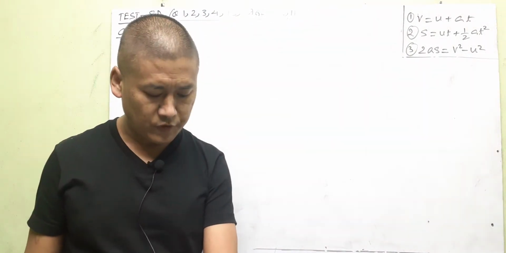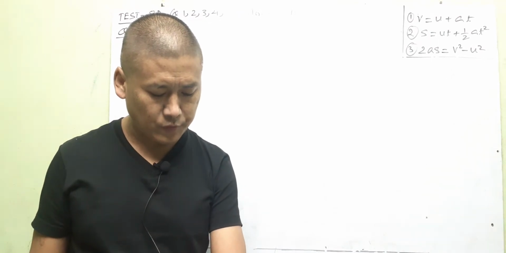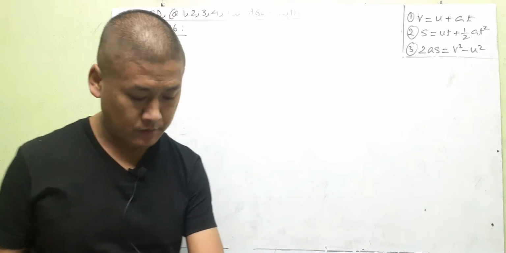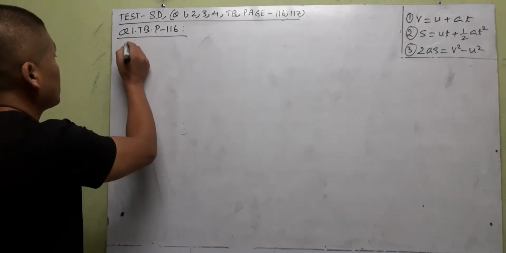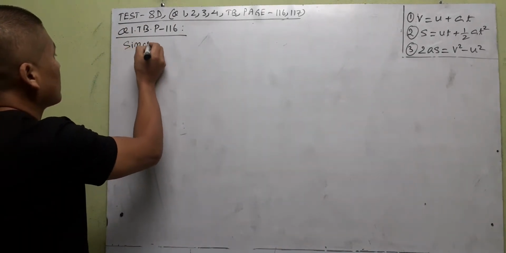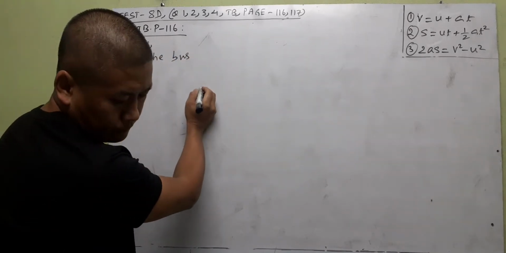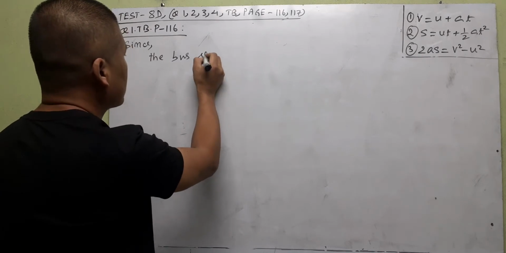A bus starting from rest moves with uniform acceleration of 0.1 meter per second square for 2 minutes. So let us write that down. Since the bus starting from rest.